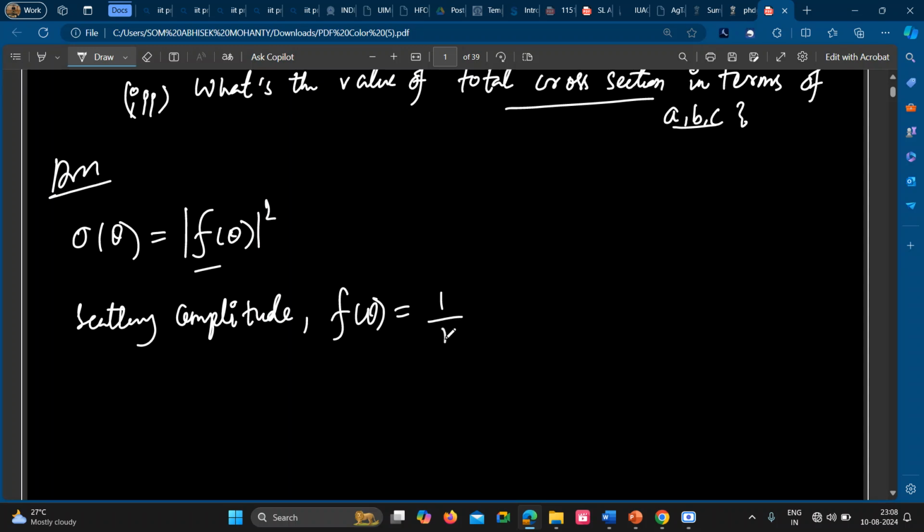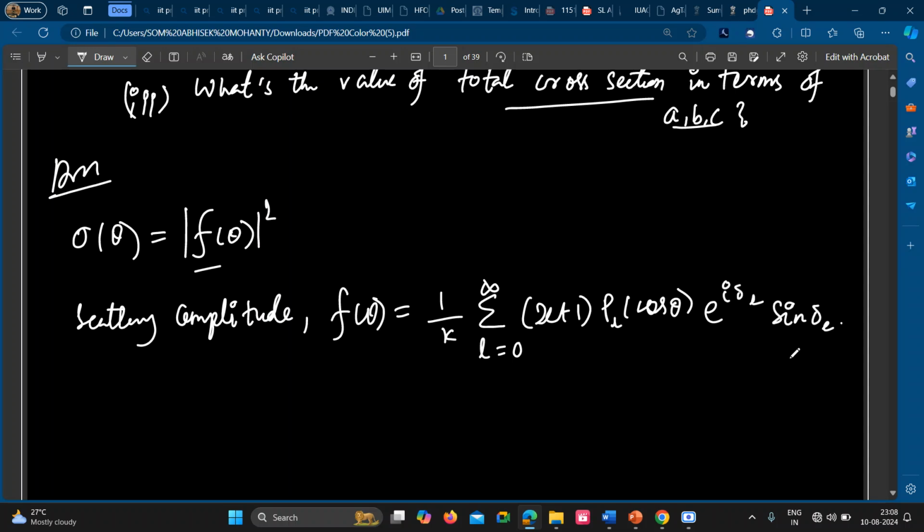We had written in the previous class the formula: f of theta is 1 by k, summation over l from 0 to infinity, (2l plus 1) P_l cos theta, e to the power i delta l, sine delta l. This is the formula for the scattering amplitude, correct?